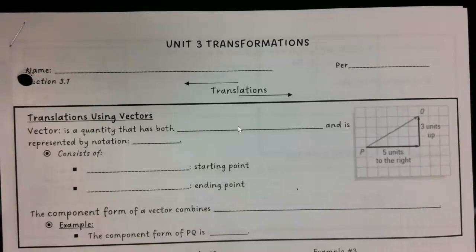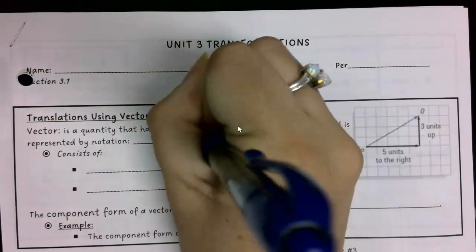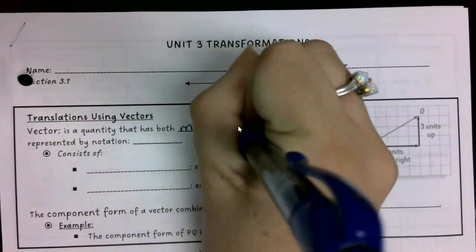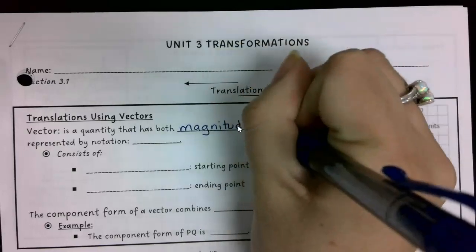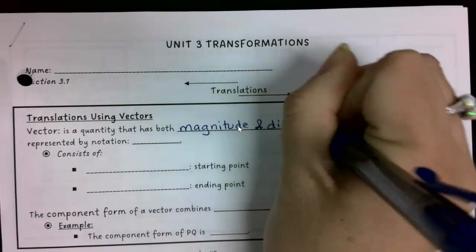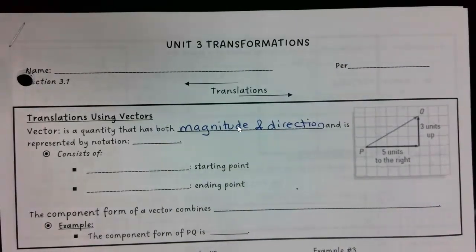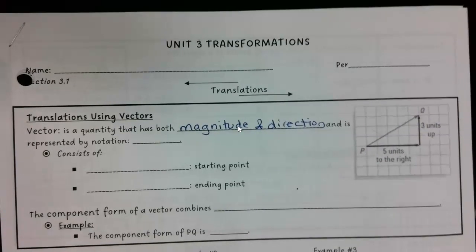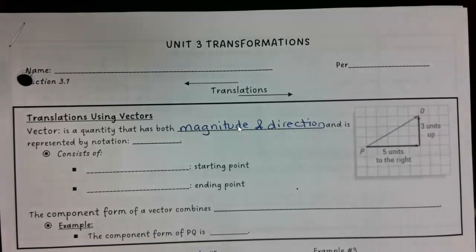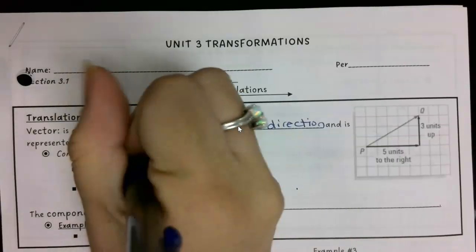A vector is a quantity that has both magnitude and direction. And it's represented by this notation.